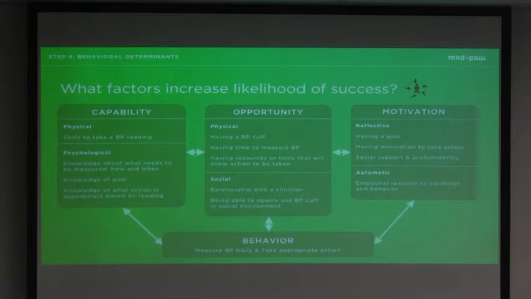After we build this model, normally we have a meeting with the client and we talk together through each of those important capabilities, opportunities, or motivational factors, and we think about whether it would make sense, whether it would be feasible, all the different criteria that they use to evaluate whether this is something they want to build. This would be one way to address it.